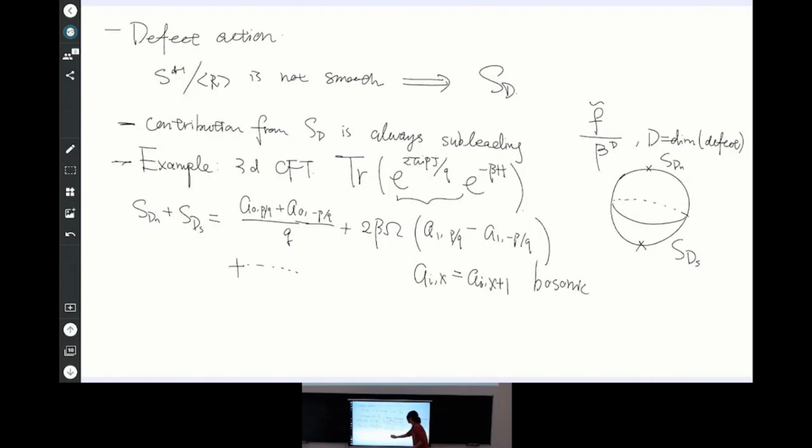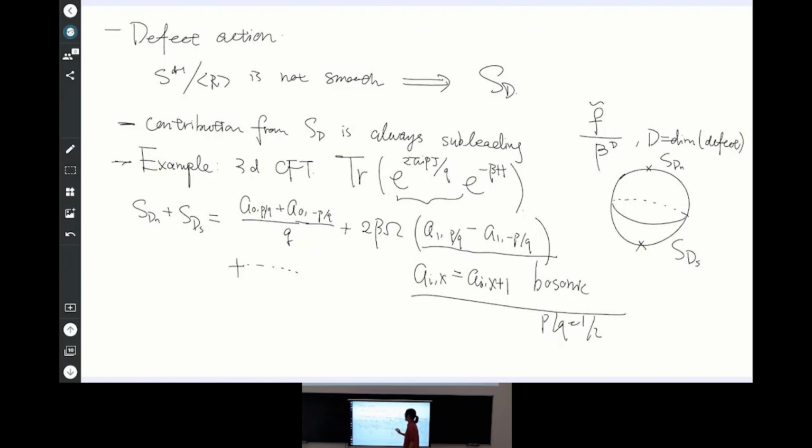One interesting consequence of this periodicity in the Wilson coefficient for bosonic theory is that, let's say I have a 3D bosonic CFT, and I set R to be (-1)^j, then P over Q will just be 1 over 2, right? So in this case, this coefficient would just be 0.